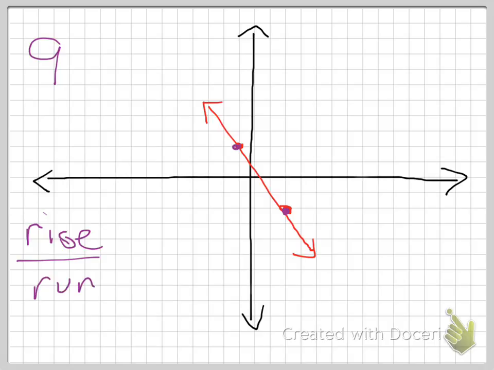So we start at this point, and we go down this time. So 1, 2, 3, 4. That means negative 4 on top because we went down. And remember, we always run to the right, and running 1, 2, 3. That's positive because running to the right is always positive. And so our slope is just negative 4 over 3 on number 9.